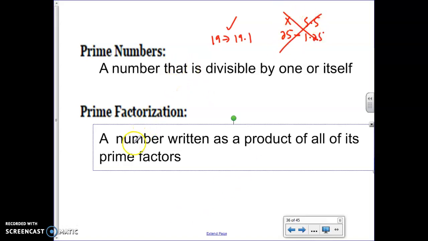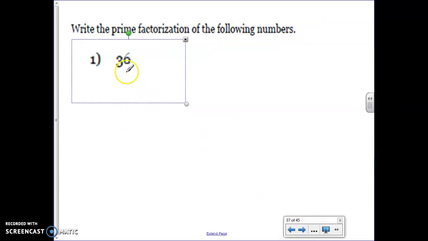But prime factorization is a number that is written as a product of all of its prime factors. Just to give you guys an example, let's look at 36. If you remember, you talked about this in middle school as prime factorization. We try to figure out, hey, what gets me 36? For example, 2 times 18 gets me 36. Well, 2 is prime, so we're good with that.